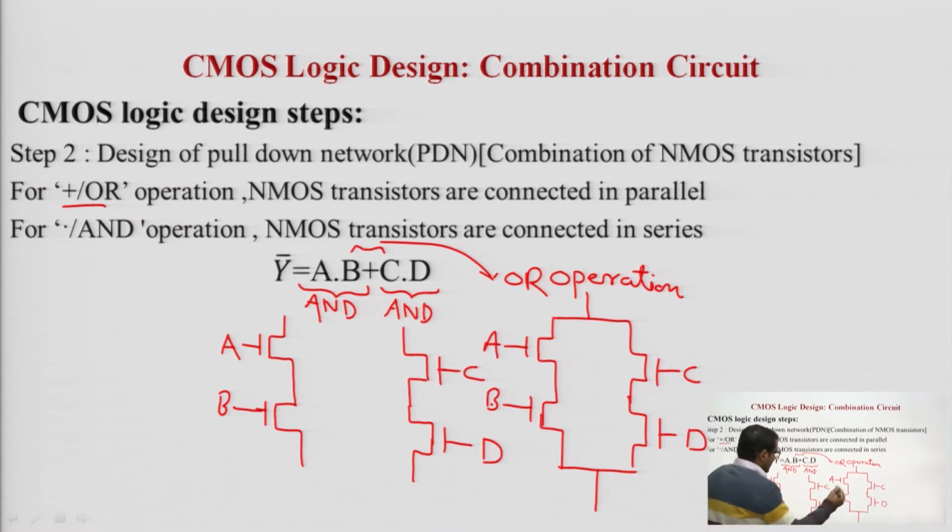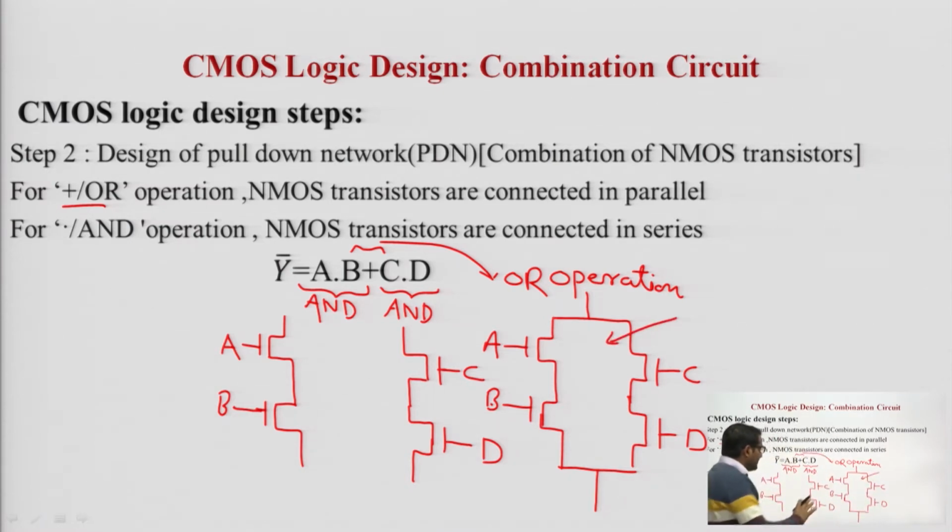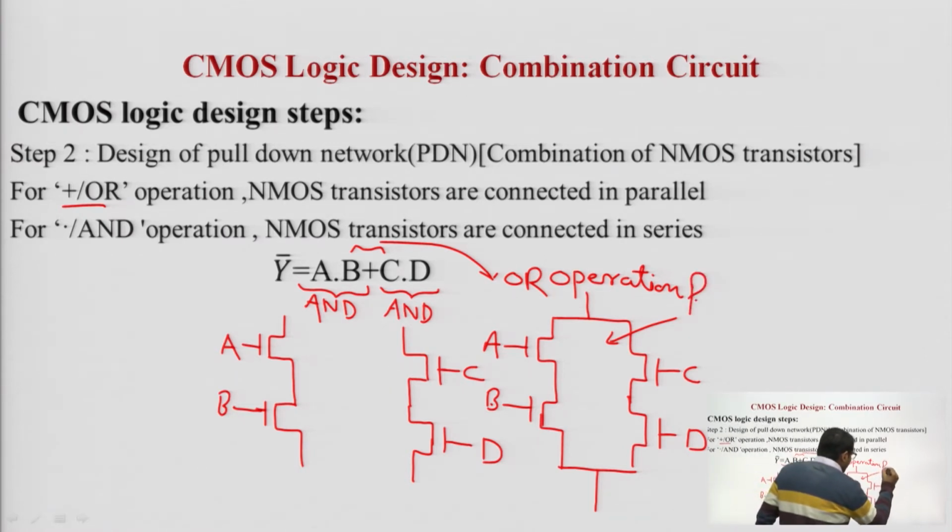So in this combination of four NMOS transistors, two are connected in series and the next two are also connected in series, but with respect to each other they are connected in parallel, or a shunt manner. This is called the pull down network.